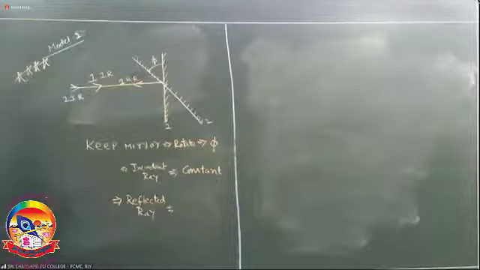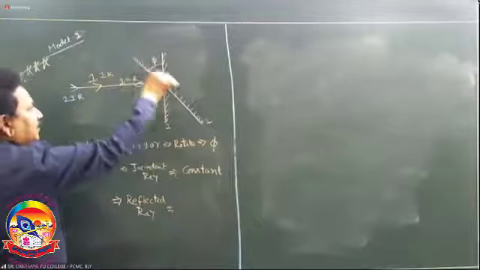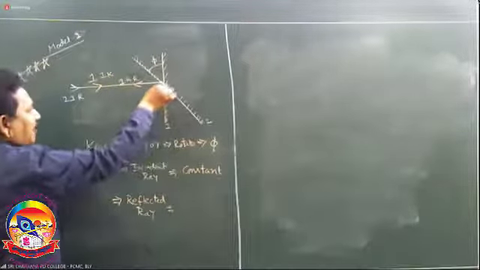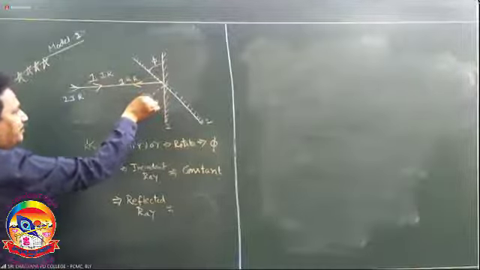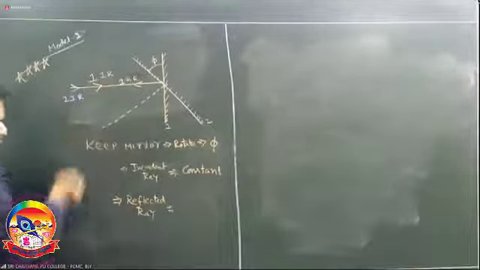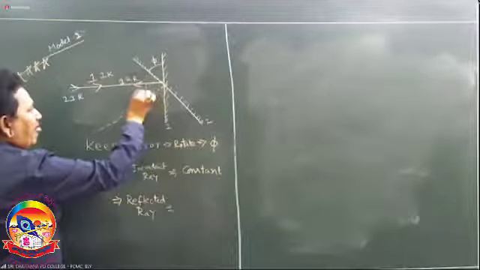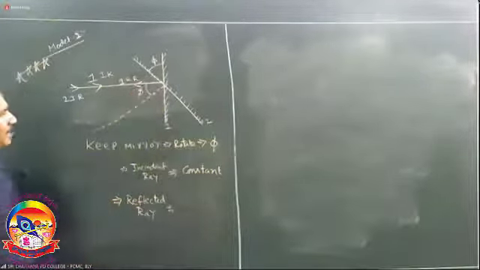I have to draw the normal for the second position. This is the normal. The incident ray is making an angle phi with the normal.